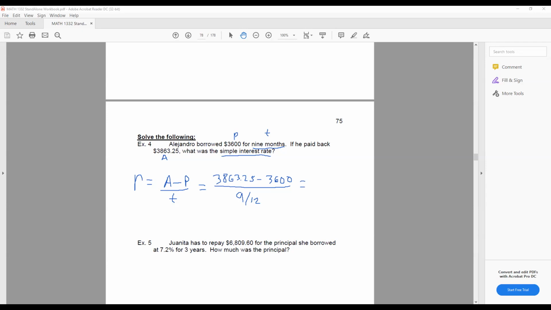Here's the formula. Subtract the P. Oh, right. One sec.